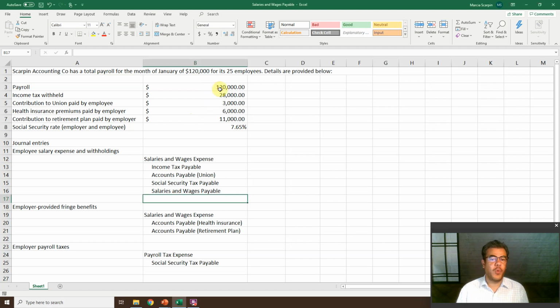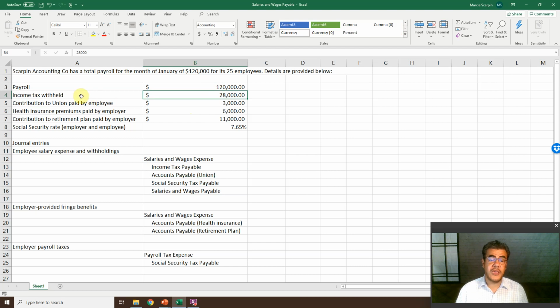So payroll 120, income tax withheld. So it is the income tax that the employee pays. Contribution to union paid by employee. Health insurance premium paid by employer. Contribution to retirement plan paid by employer.